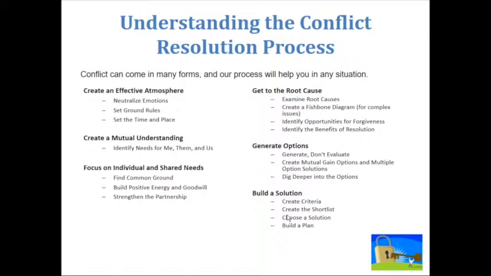So we have to look at it differently and get to the core of why that conflict arose in the first place, right? You generate some good options and you build a solution. And that's really the best process that one can utilize to resolve conflict in a way that's mutually beneficial to all parties.